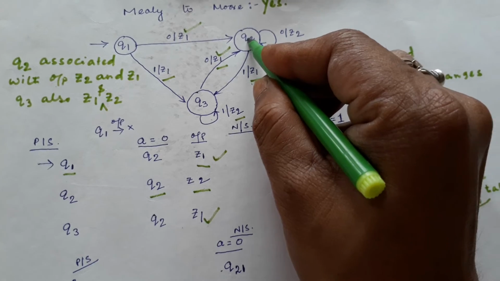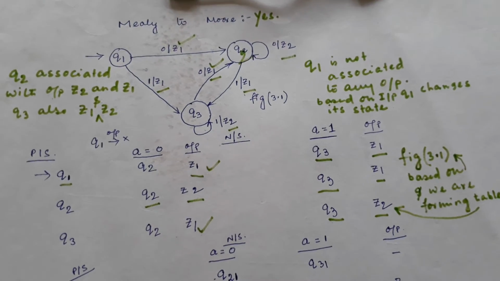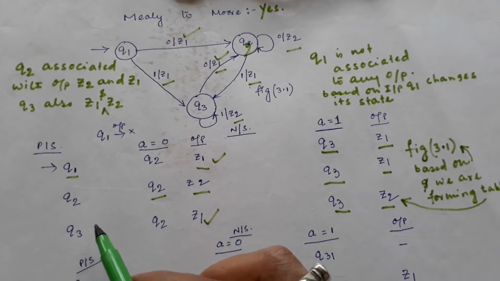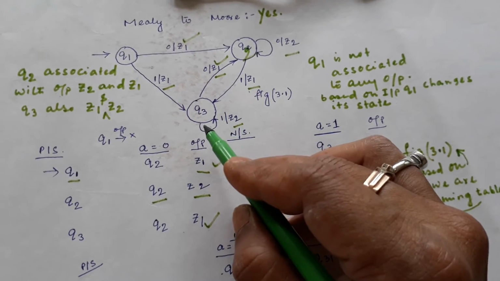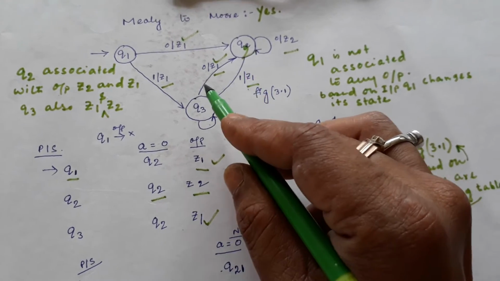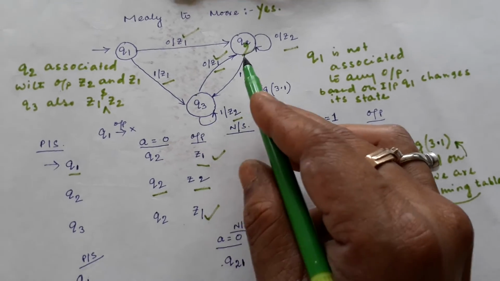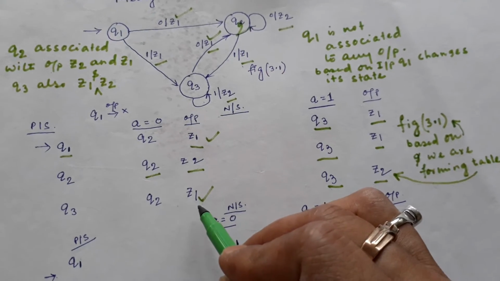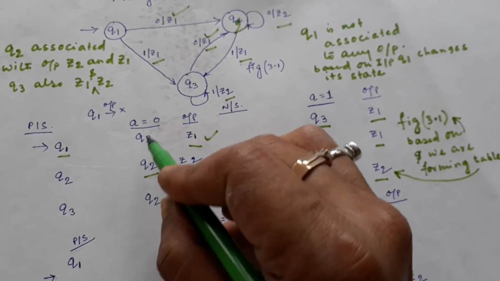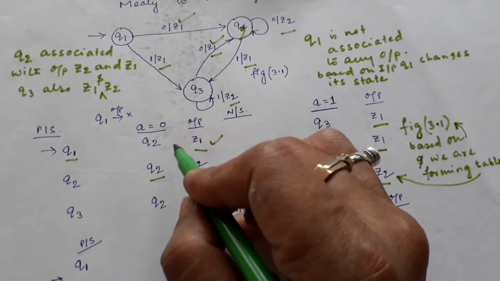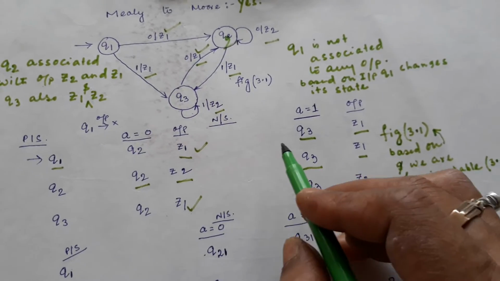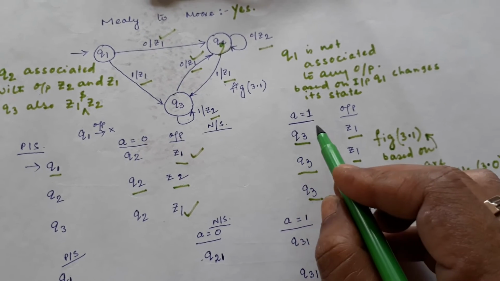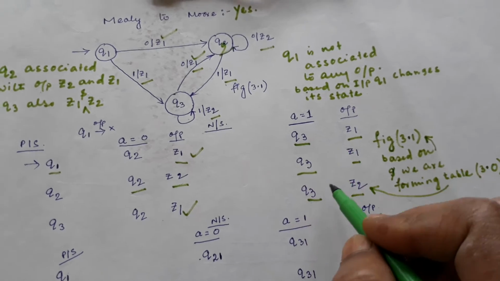Now if you put q3 to 0, it jumps to q2, this is the q2 state here, and produces the output z1. So in this way we are forming the next state when the input a equals 0, and then the next state when the input a equals 1.